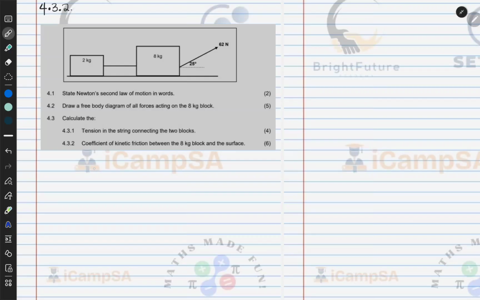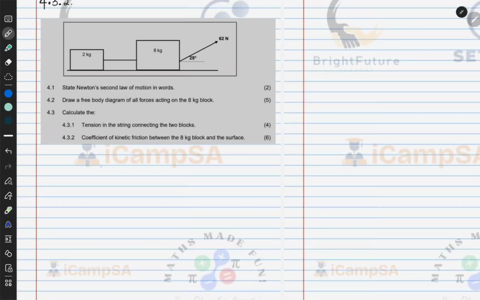So let me show you what I mean. You basically say sum of forces, or F net. This is for your own understanding. You don't have to say F net, but even if you do, no one will mark you wrong. So you can say F net equals MA, right? And then you take upwards as positive, okay?